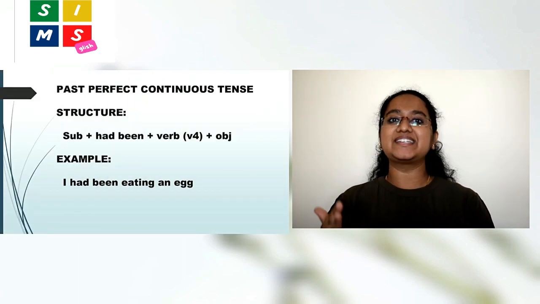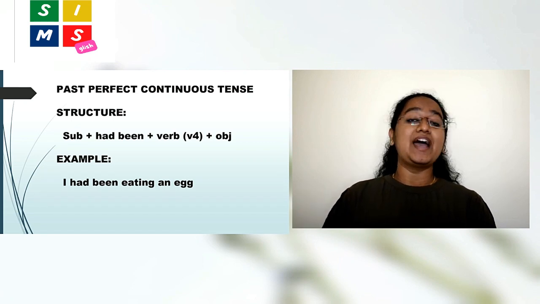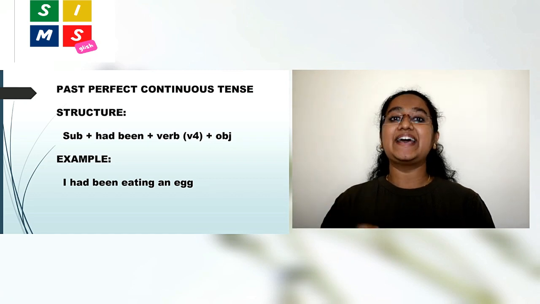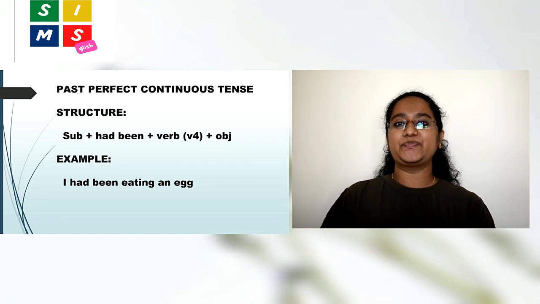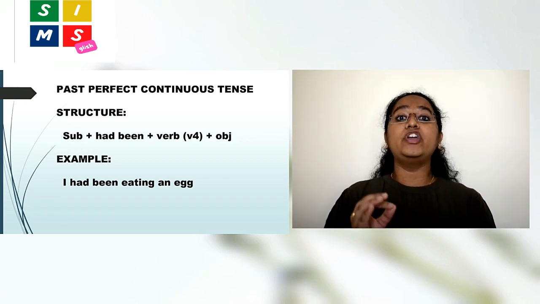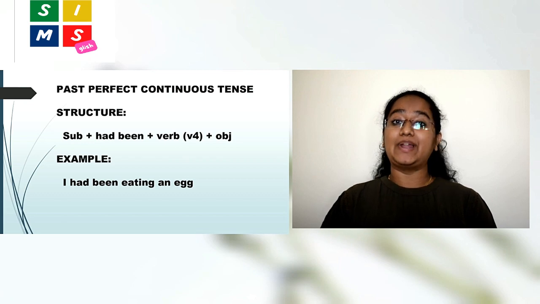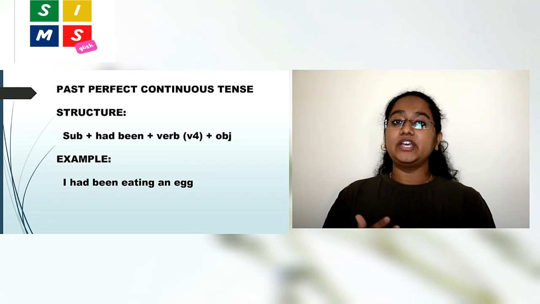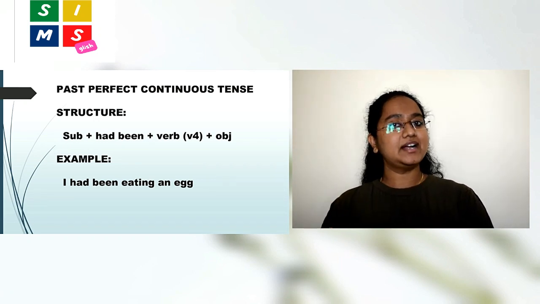Now we will move on to past perfect continuous tense. And the structure for past perfect continuous tense is subject plus had been plus V4, verb 4, plus object. Now, we'll give an example for past perfect continuous tense.